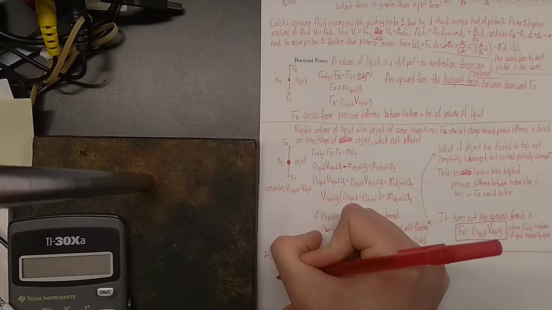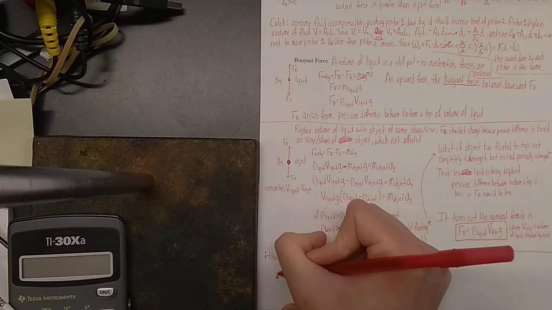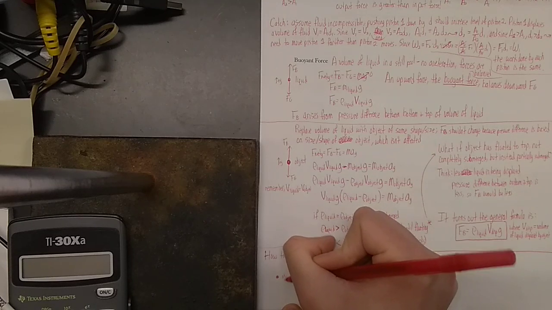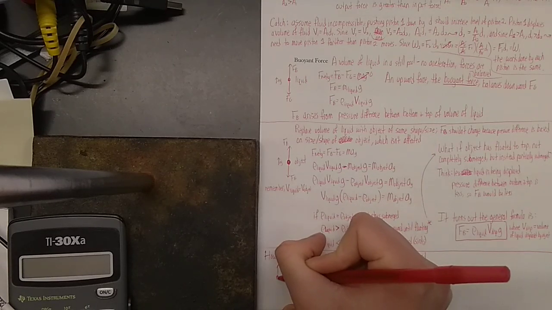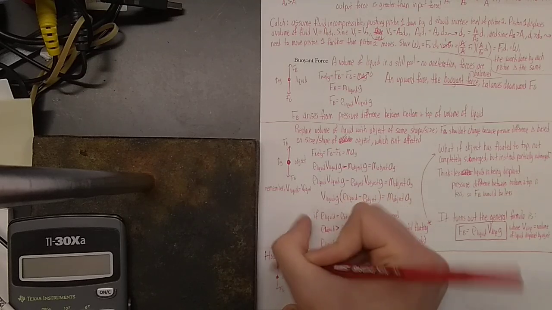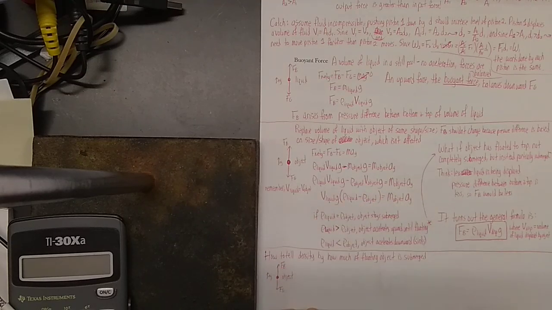Let's do a free body diagram for a floating object. We know that the buoyant force would point up, the force of gravity would point down, and we're going to say up is positive.